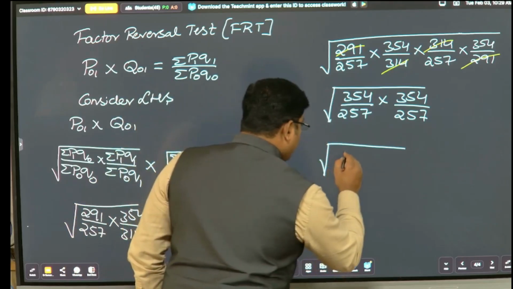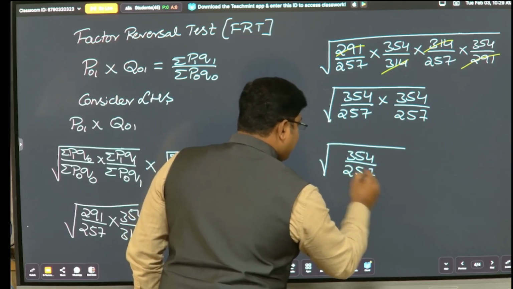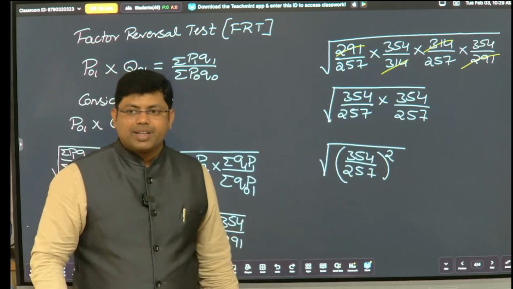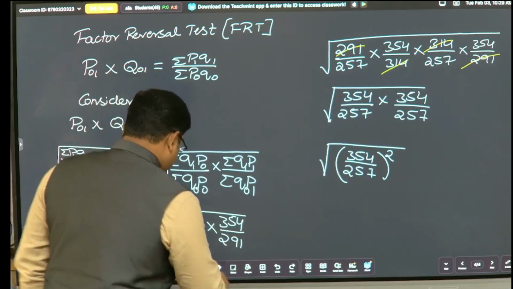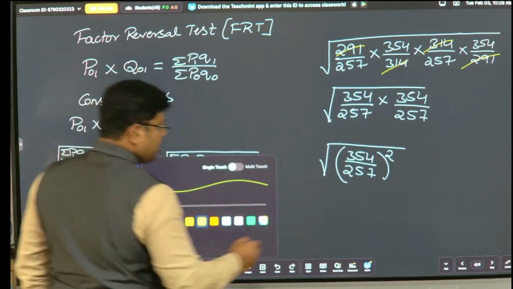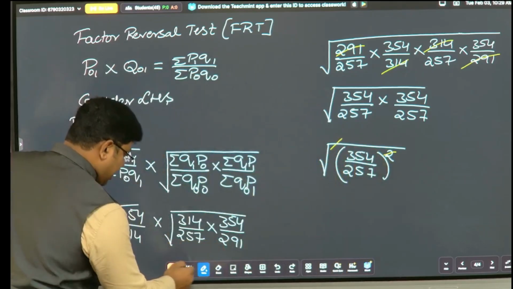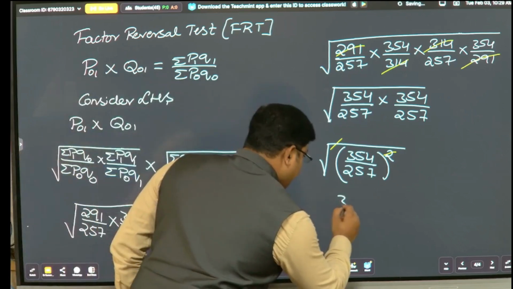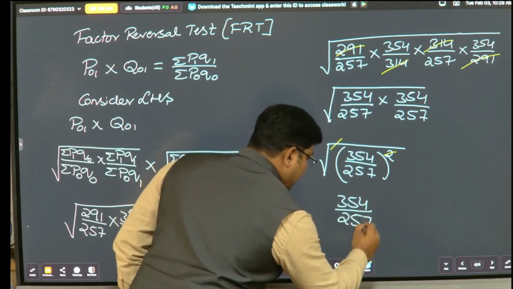So we get 354 divided by 257 whole square. Any doubt? Shall I proceed? What next? Please listen. The square root gets cancelled. What is the remaining? 354 divided by 257.